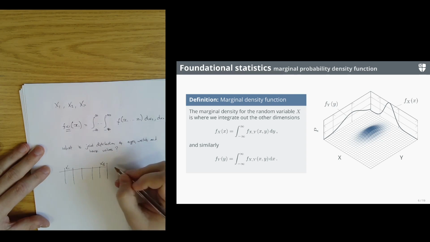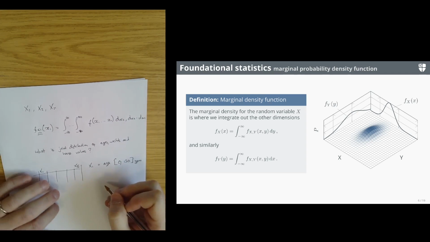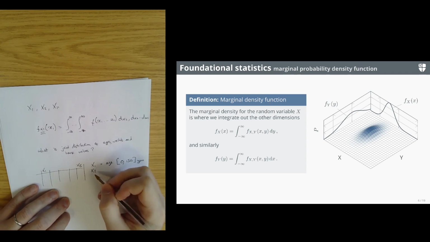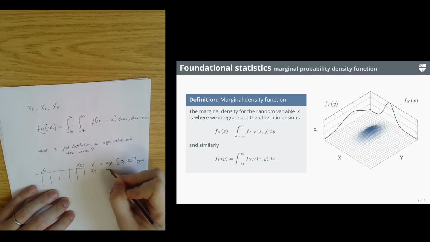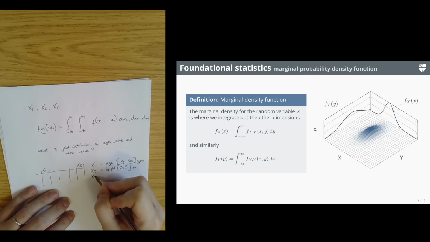So we could say x1 equals the age of people in Durham, and we could say 0 to 150 years old. Sorry, I'm not sure if my notes are in view. x2 is the height, and we can create some intervals, say 0 to 5 meters. x3 we could have as the annual profit.